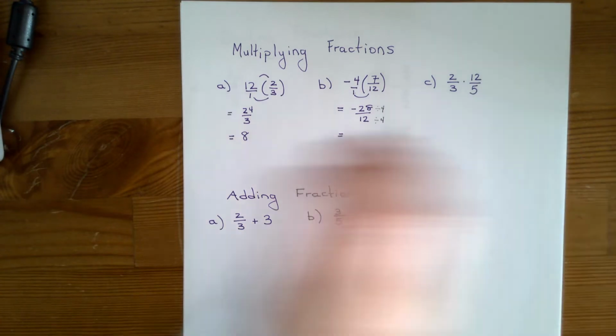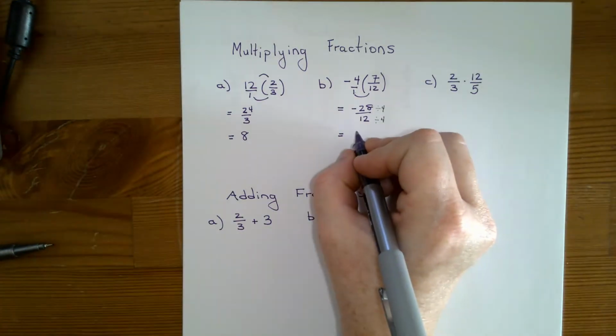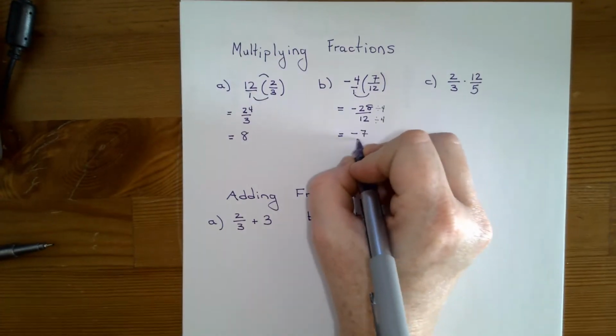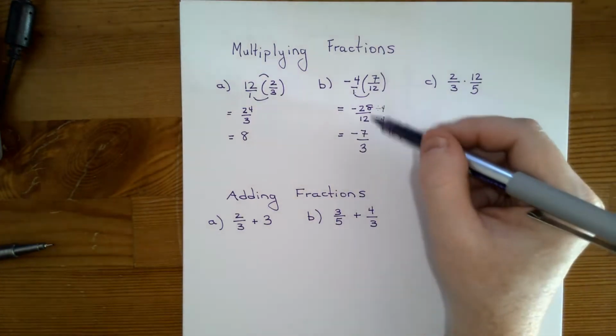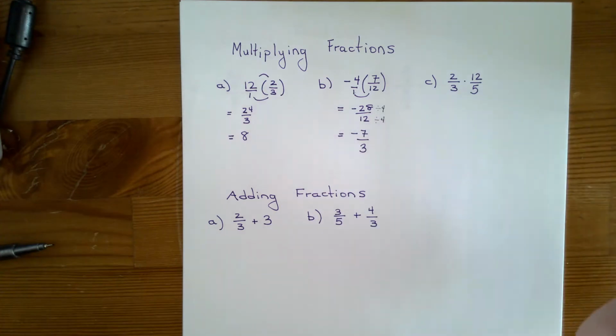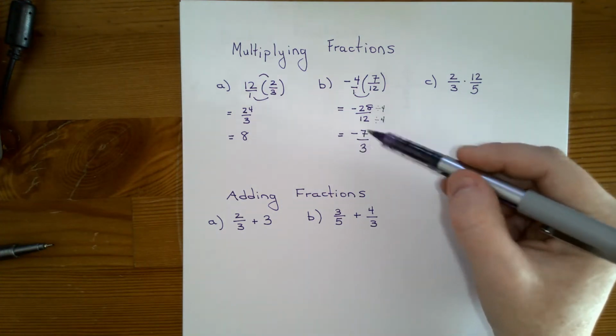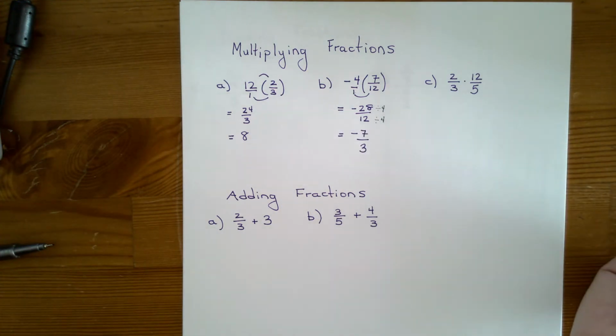So negative 28 divided by 4 is negative 7, and 12 divided by 4 is 3. So my last step is to just look at what they're both divisible by and do that dividing to get them into lowest common terms. Sometimes it's easier to do that before you start, right?